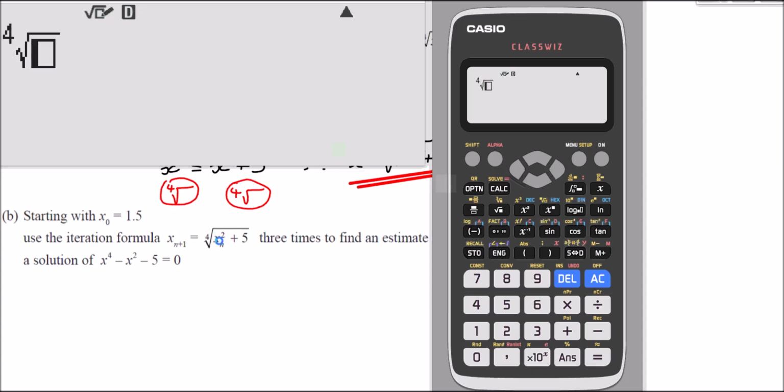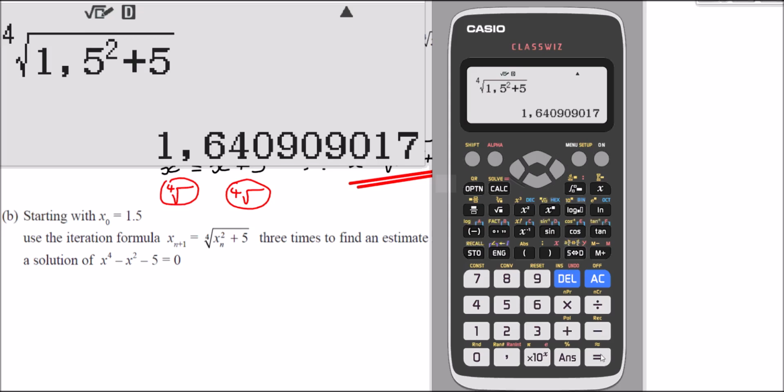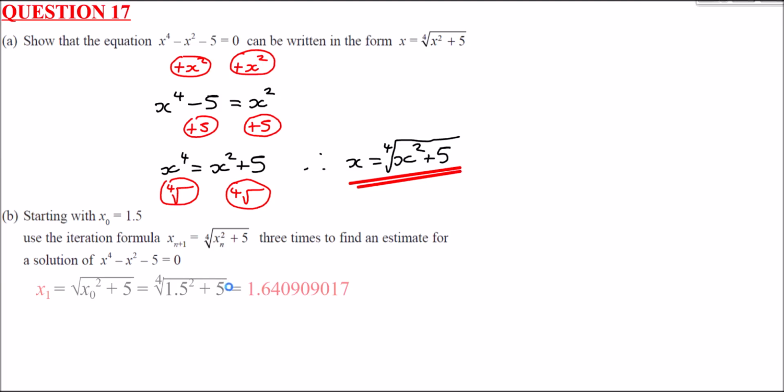And now x1 first of all is going to be the fourth root of x0 squared plus 5. So I'm going to type in x0, square it, and then add 5. That gives 1.640909017. So the first bit, we get this.